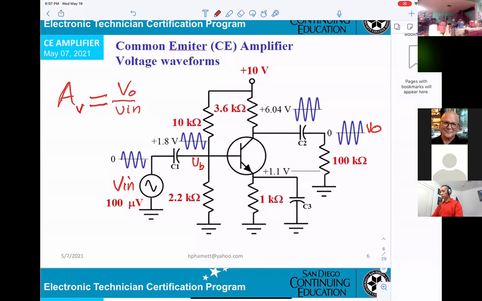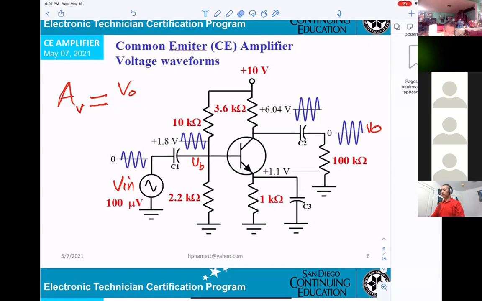No, sir. The gain of capacitor C3 now has nothing to do with the capacitor. V out over VB. Exactly. That is what I want to make sure you understand. The gain of the transistor amplifier has to be V out over VB, not V in.